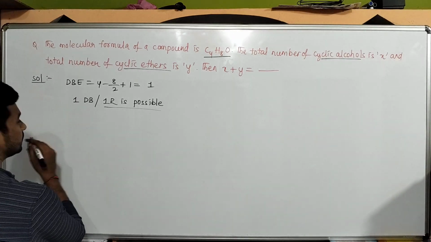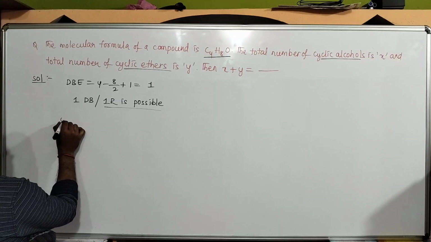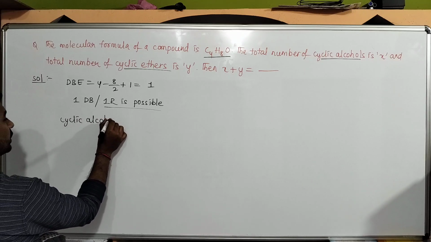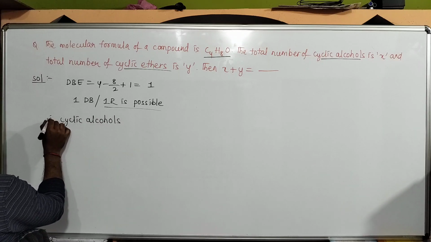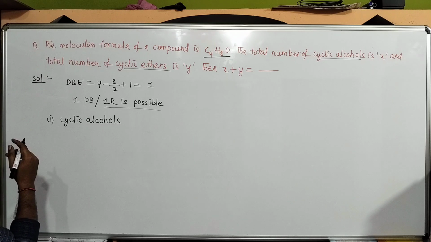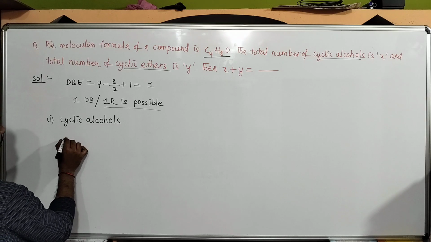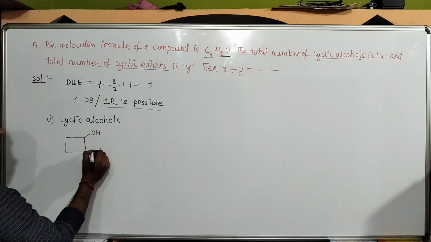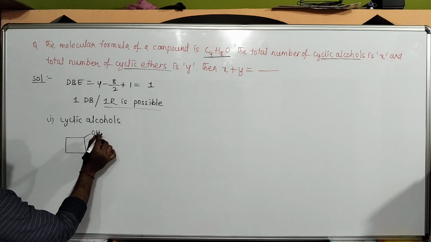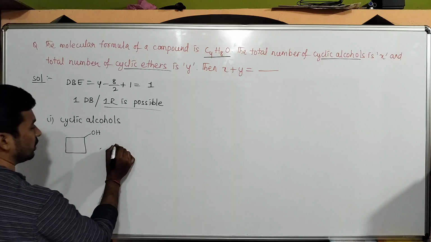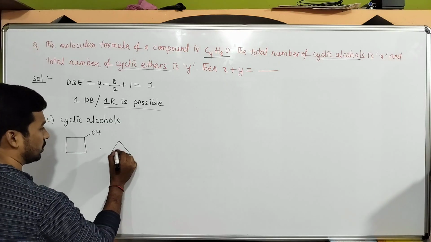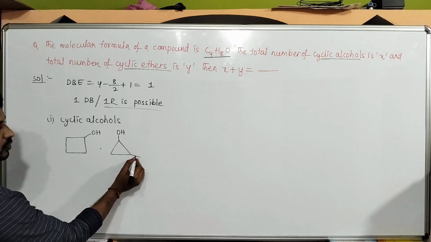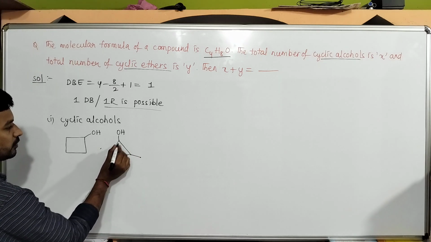One ring with alcohol, cyclic alcohols. How many are possible? First I will see cyclic alcohols with 4 carbon atoms. This is one. Molecular formula verified, that will match. Next, OH group here and methyl group here, 1, 2, 3, 4 carbon atoms.